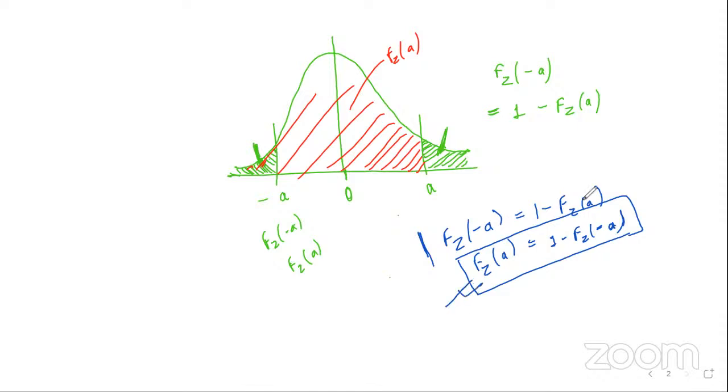I have just taken this F of a to the left hand side of the equation. Since it was in minus sign, it will come to the left hand side and become plus sign. So F of a becomes 1 minus F of minus a. It is just a simple equation, I haven't done anything here.